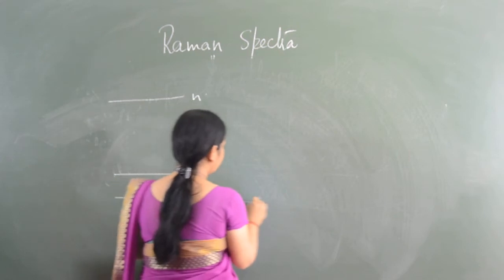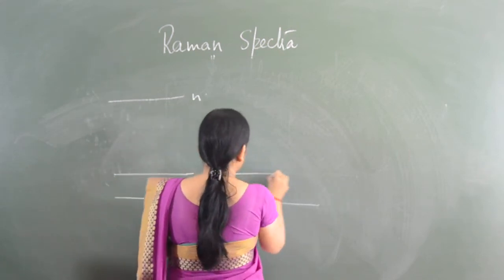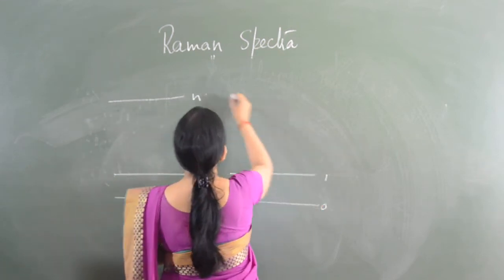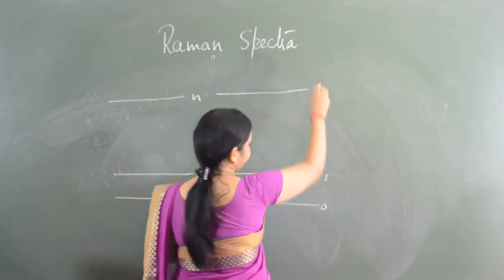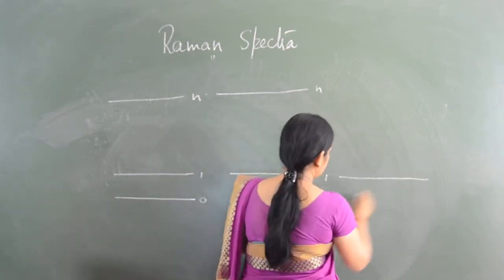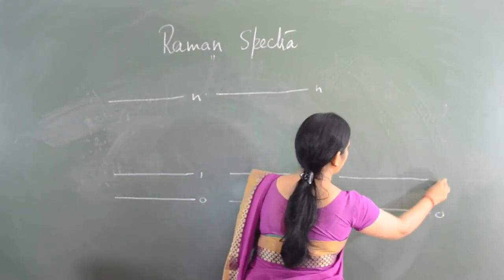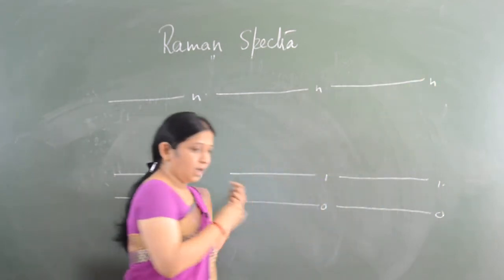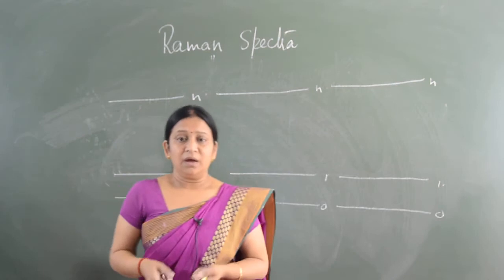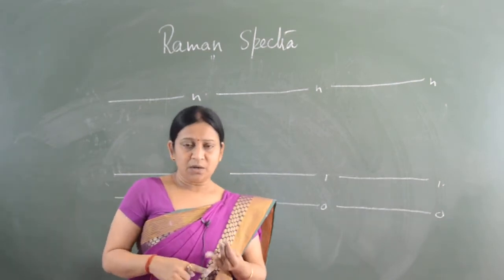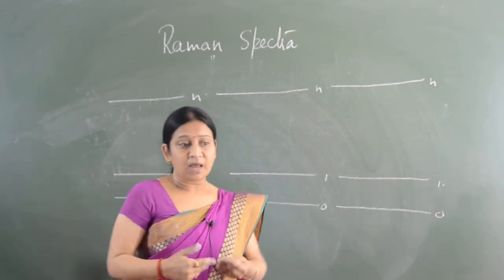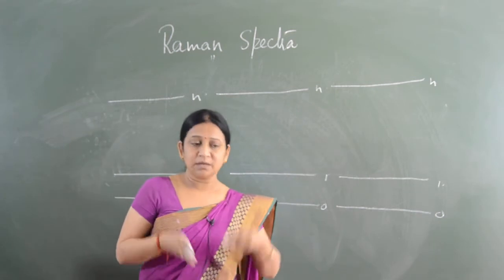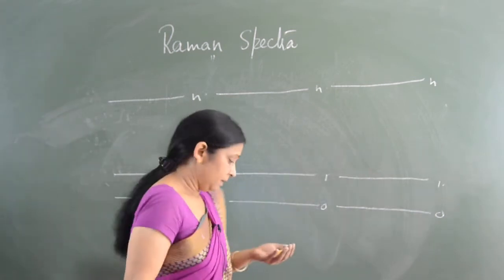We have to draw three sets of these: 0, 1 and n. I am drawing this to explain when the condition is elastic, when the condition is inelastic, and when the condition is inelastic, how many possibilities there are.